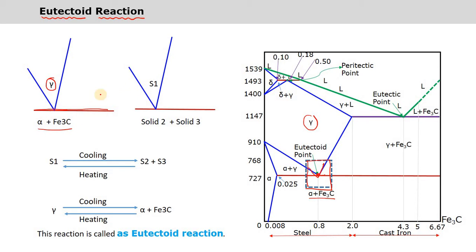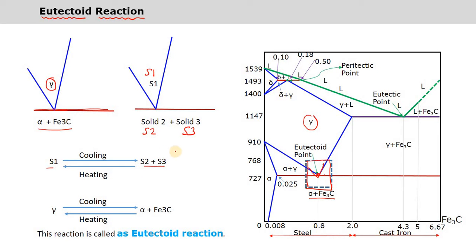Now for this reaction, gamma is solid 1, whereas alpha is solid 2, plus Fe3C is solid 3. And that's why we can write that as the cooling progresses, as the temperature is decreased, solid 1 is transformed during cooling to solid 2 plus solid 3.